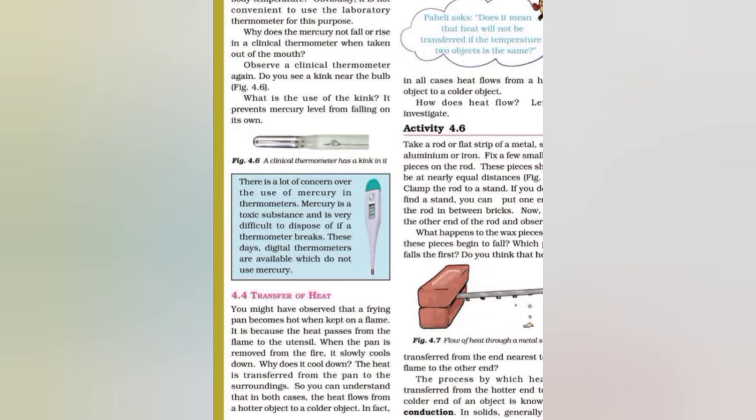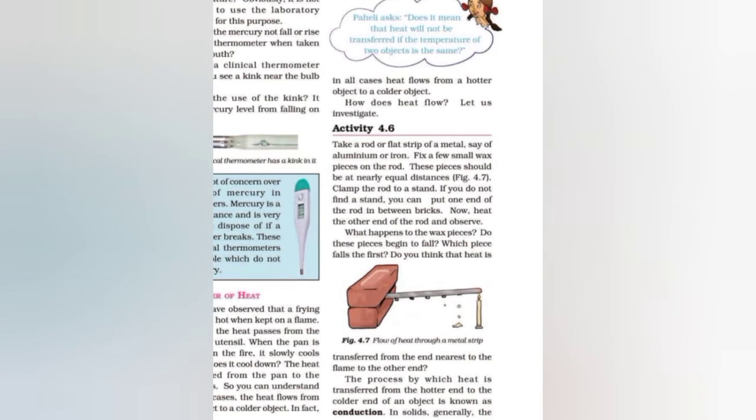The heat is transferred from the pan to the surroundings. So you can understand that in both cases the heat flows from a hotter object to a colder object. In fact, in all cases heat flows from a hotter object to a colder object.